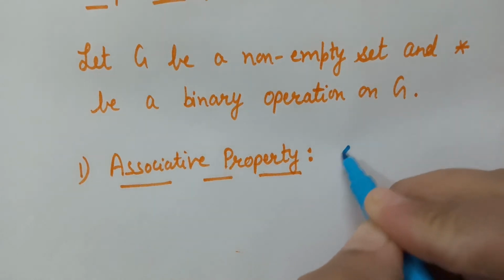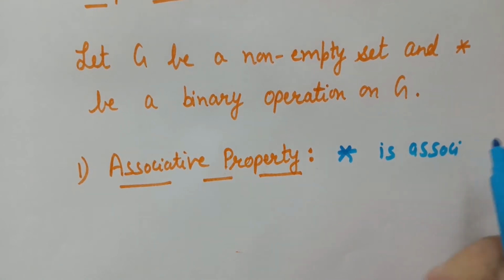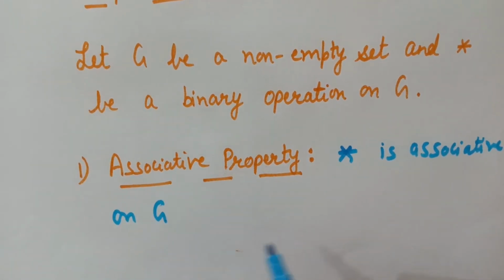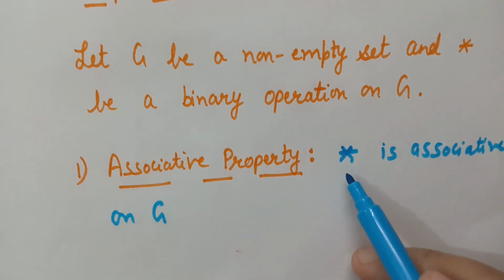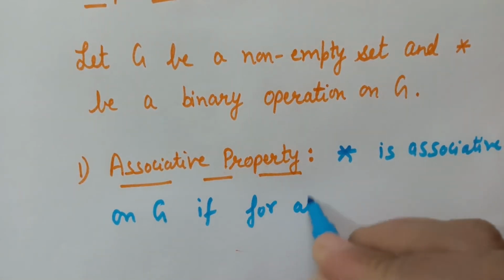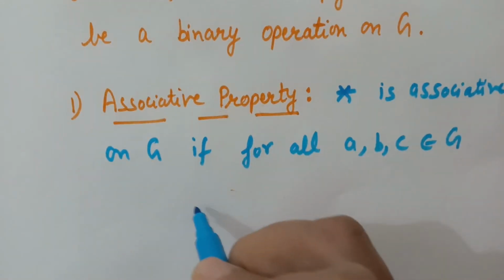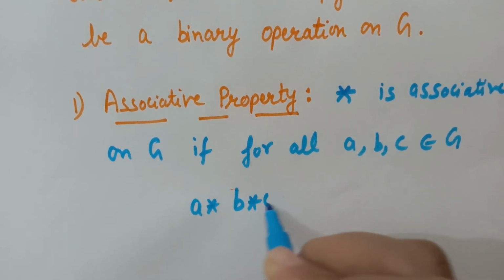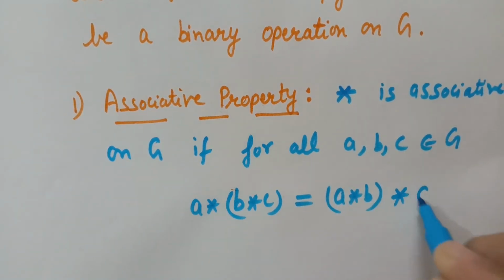So the binary operation star is associative on G, or we can say that elements of G satisfy the associative law or property with respect to this binary operation star, if for all A, B, C belonging to G, (A star B) star C is equal to A star (B star C).